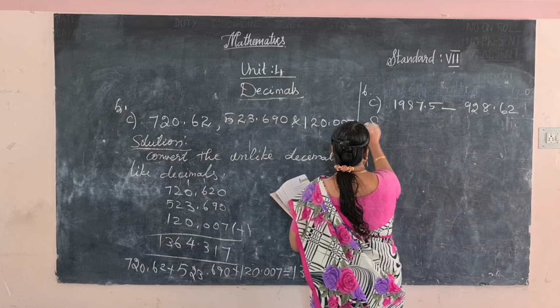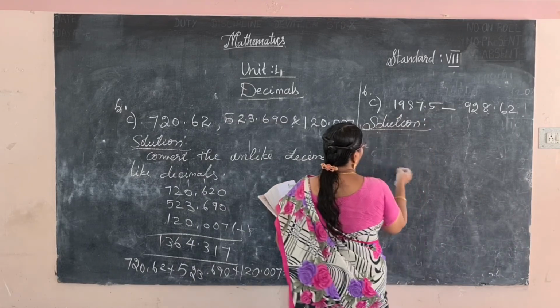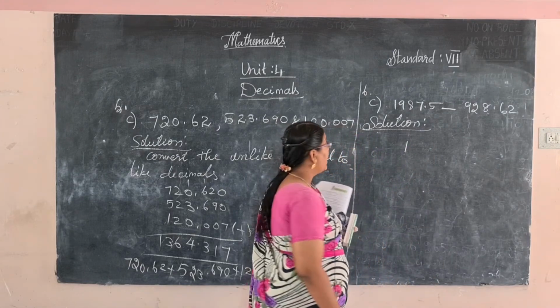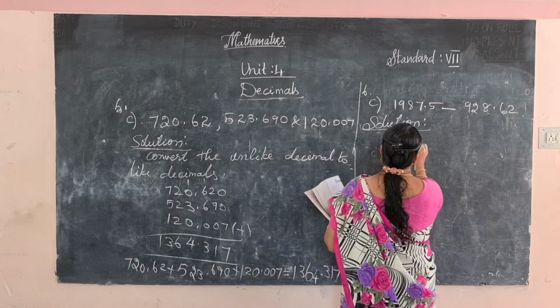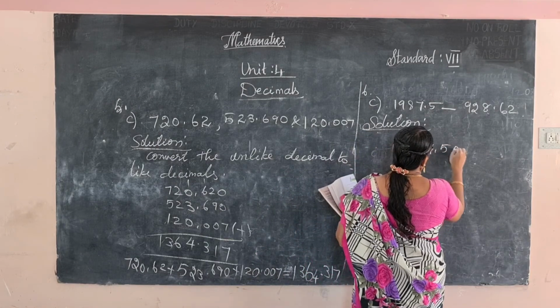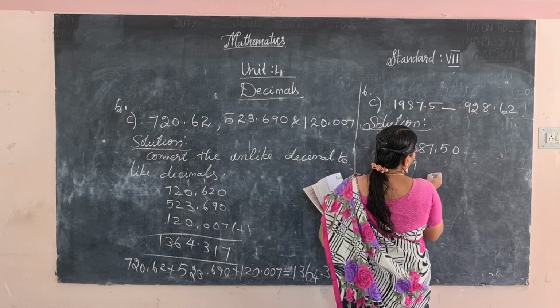Okay, see. So first convert to like decimals. So 1987.50.